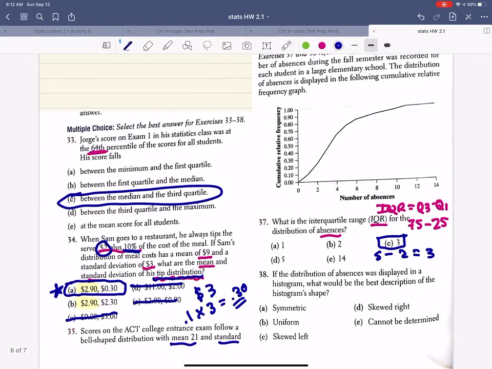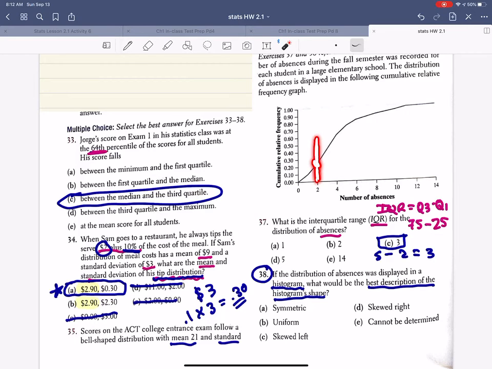Now it says, if the distribution of absences was displayed as a histogram, what would be the best description of the shape? So this one you may have had to read a little bit in your textbook or think this through. So let's think about this as a box plot. I'm going to try to write a box plot on here. Our first quarter would be here.